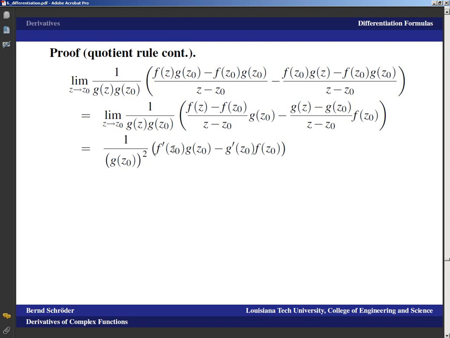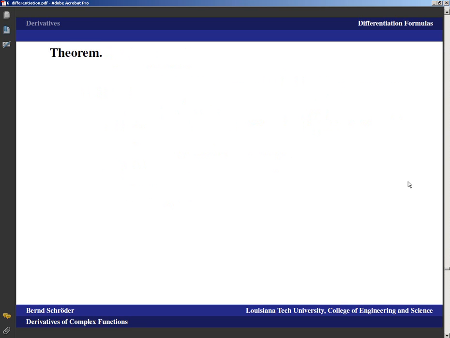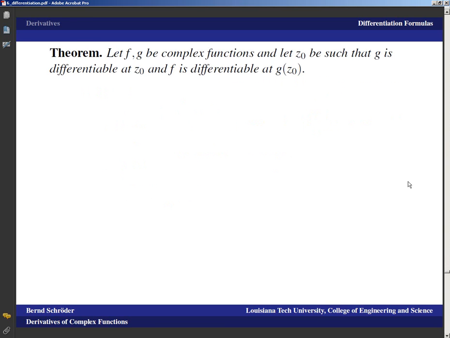This difference quotient converges to f prime of z0, g of z0 of course stays where it is. This difference quotient converges to g prime of z0, and f of z0 stays where it was before, and that's exactly the product rule.